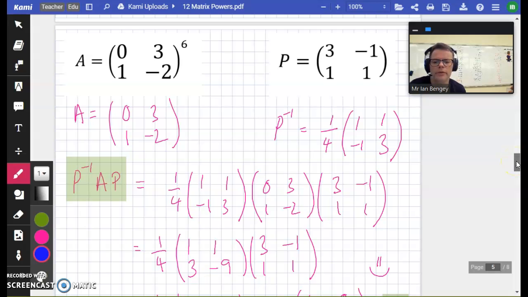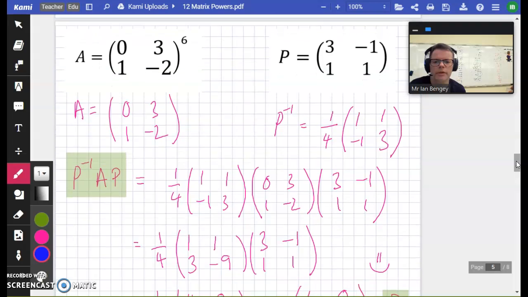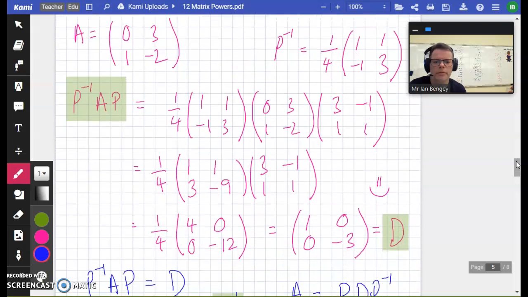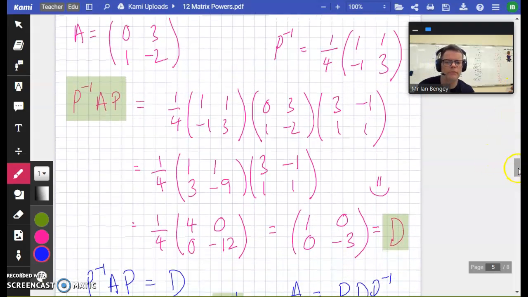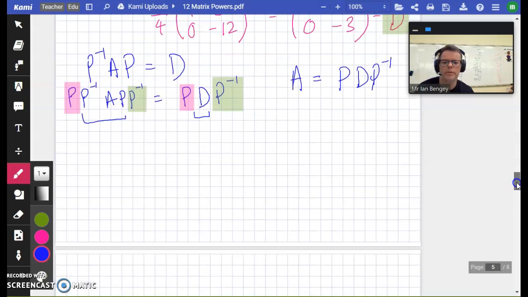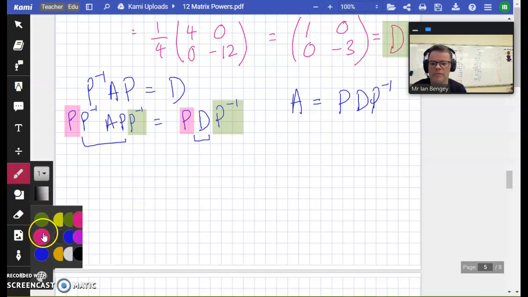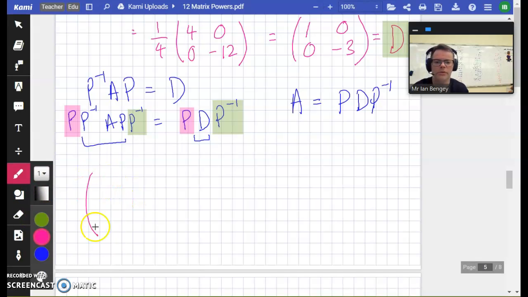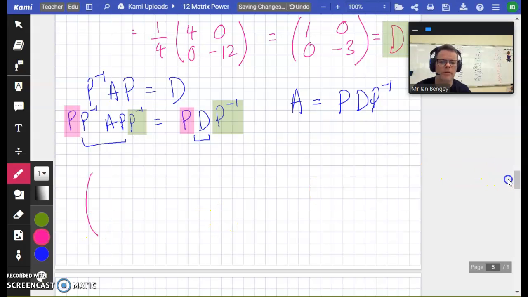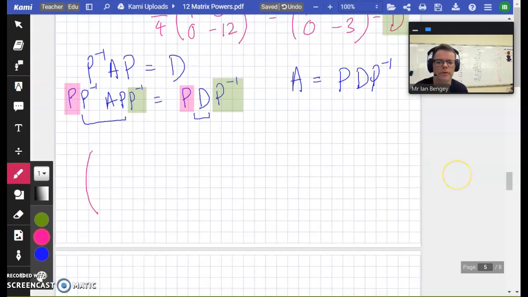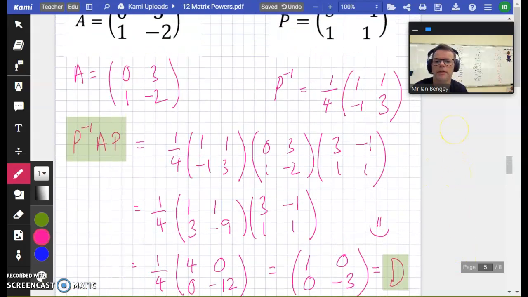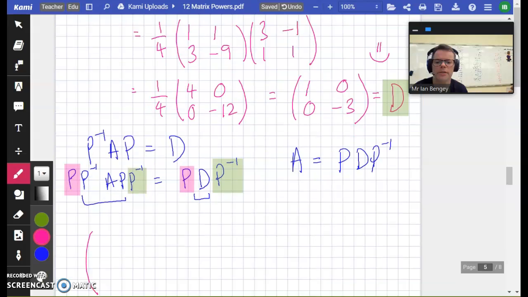Well, what have I just found out? If we've got matrix A, what's the original matrix A? Let's go back and have a look at that original matrix A. It's 0, 3, 1, negative 2.